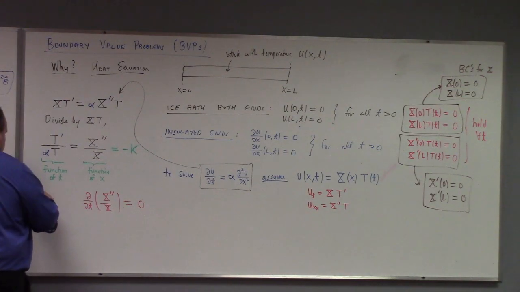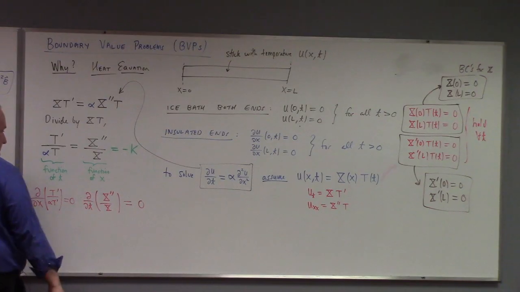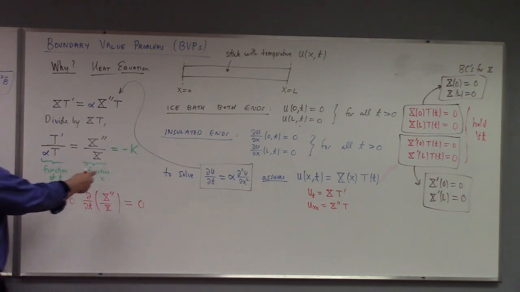And likewise, just a function of t means that the x derivative of the other side is equal to 0, right? So if you have both of these partial derivatives equal to 0, that forces those ratios to just be an ordinary garden variety constant. Okay.